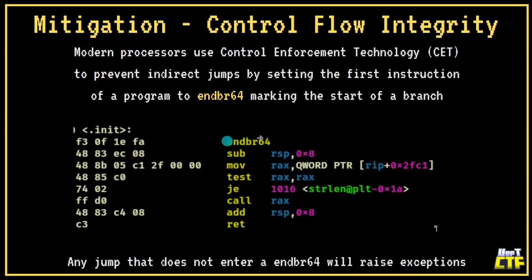So if you want to craft a ROP chain, well, you have all of these instructions here that you just don't want and that can corrupt your overall state of things. You want your gadgets to be as close to the return as possible so that you have atomic instructions to work with. But if you have endbr64 all the way at the top, you're not really going to have that.